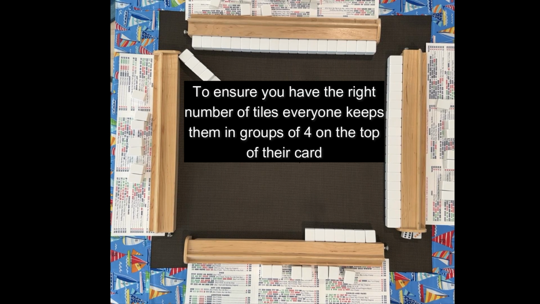And before we move on, I want to mention that before the tiles are put up on everybody's rack, it is important that all players verify that they have the correct number of tiles. And this is why we leave them in the groupings on the top of our card until that is done. Once you've verified you have the right number of tiles, we can move on to the next step.